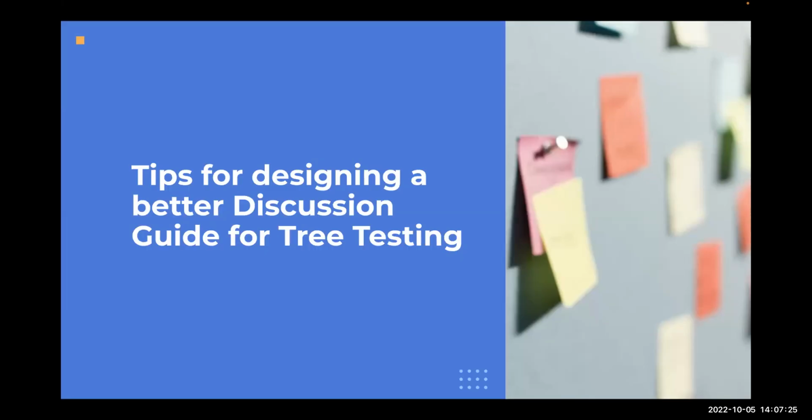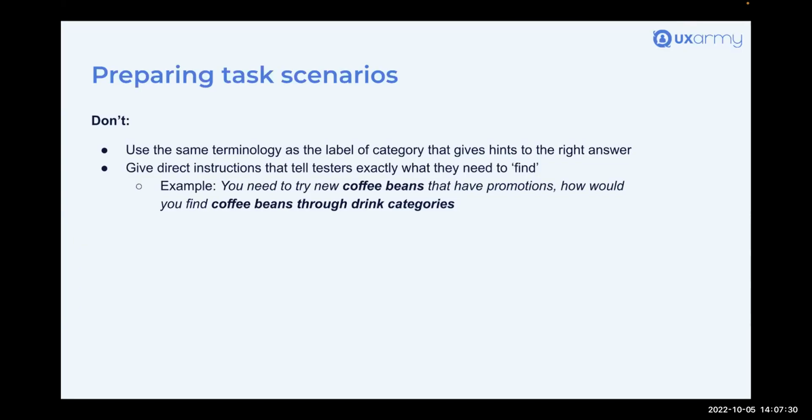So, tips for designing a better discussion guide for retesting. For preparing tasks, please avoid using terminology that is the same as the label of the category and gives a hint to the right answer. For example, there is one task that says you need to try new coffee beans that have a promotion, so how would you find coffee beans through the category?